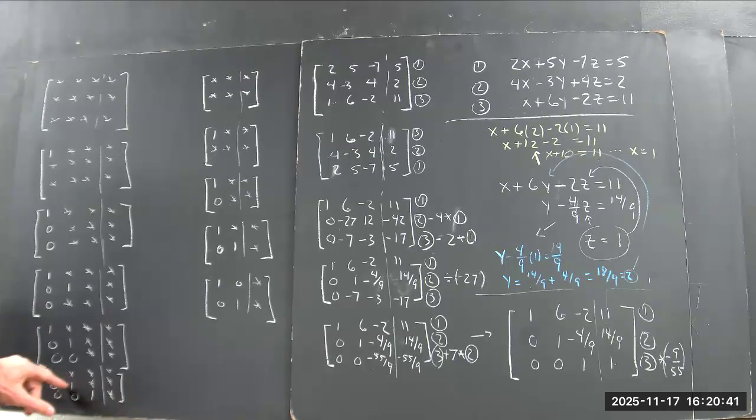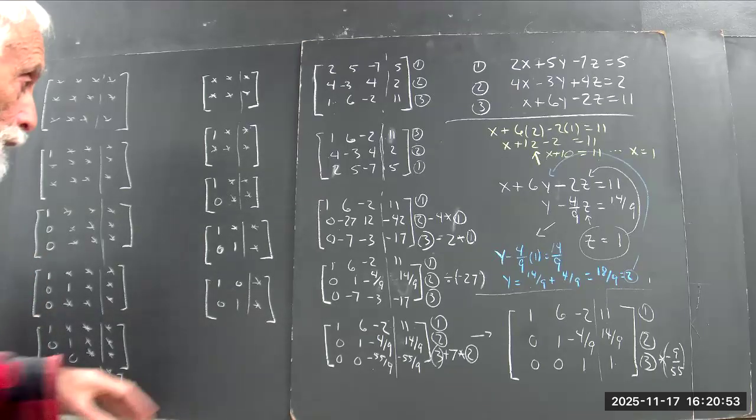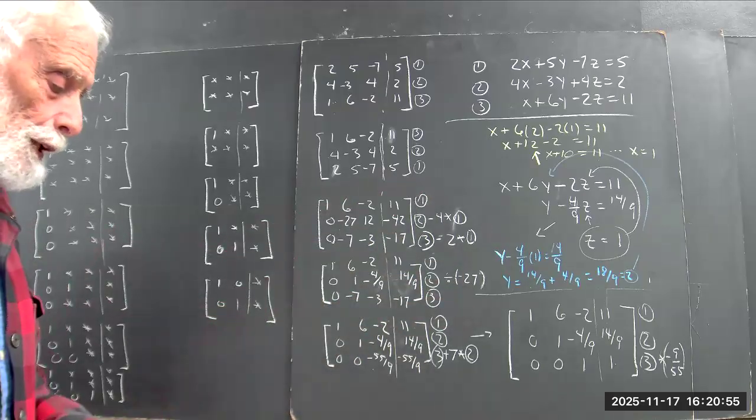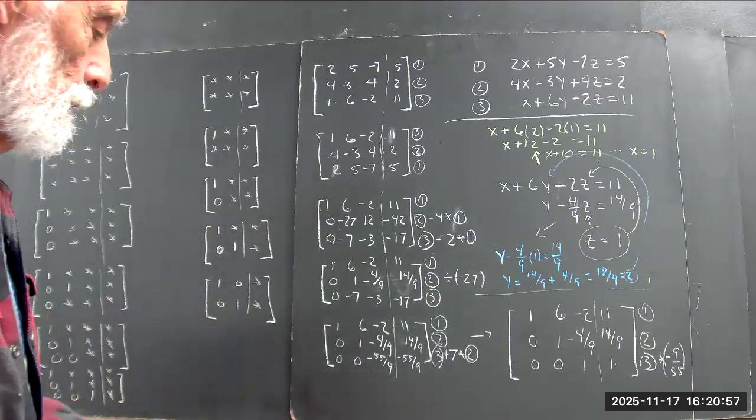You can put that in for z in the second equation, translate this into equations, and now you know z and y, and you plug that into the first equation and solve for x, as we did in this example. Okay.